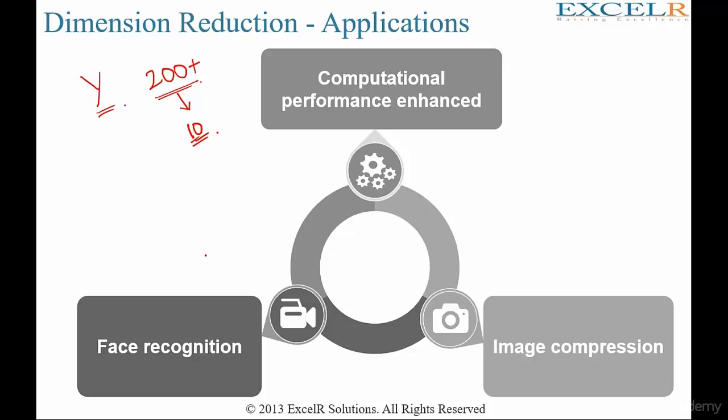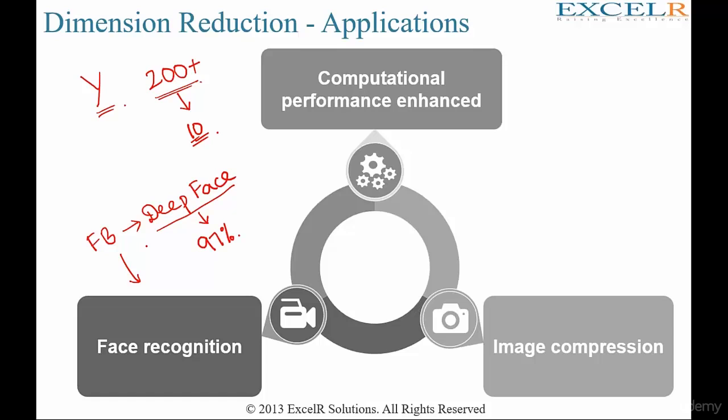Okay. It is also heavily used in your face recognition algorithms. For example, your Facebook uses an algorithm called DeepFace. And this DeepFace algorithm, or that is what your Wikipedia says, has an accuracy of 97%.